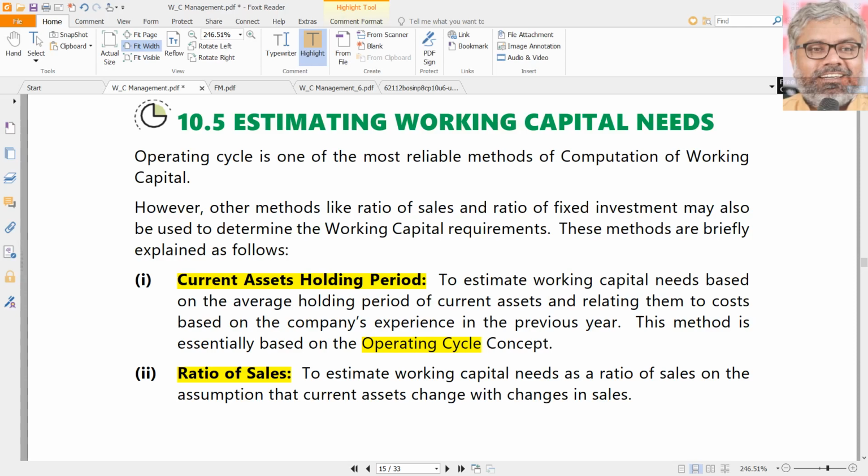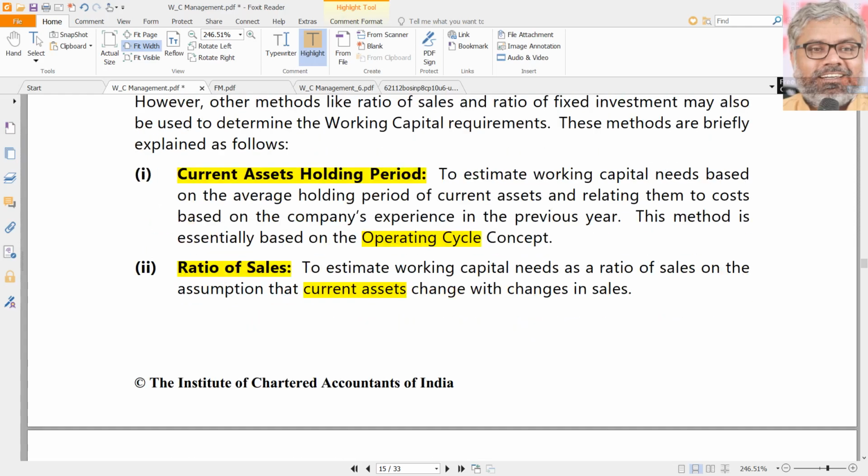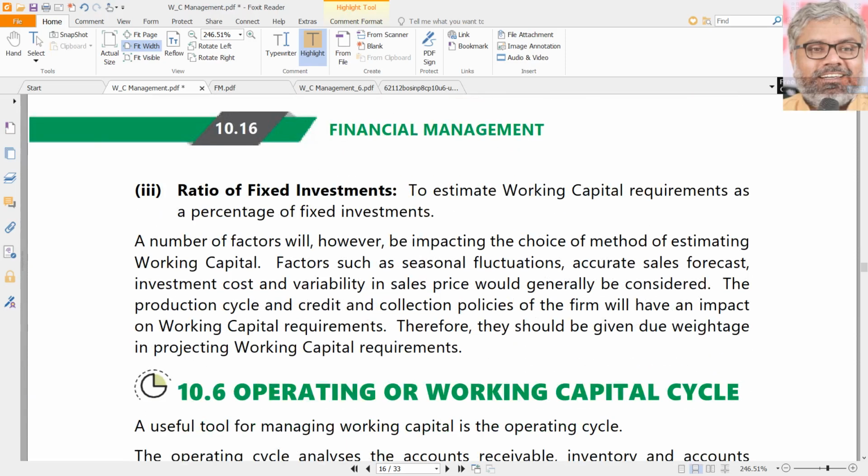It requires materials, labor cost, overheads cost, all of that needs money. So according to the level of activity of the organization, according to the sales level, since we know the cost requirements of a particular production process, we can estimate the change in the current assets that happens with an estimated level of sales. So that is a kind of applying as a ratio of sales.